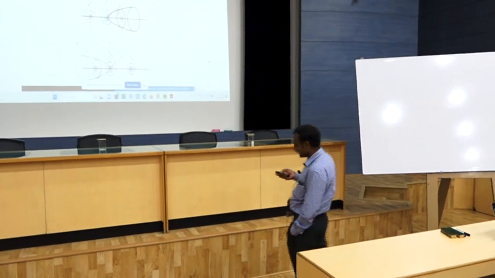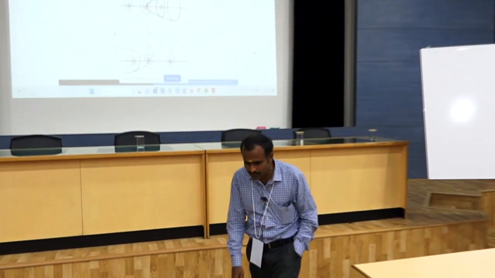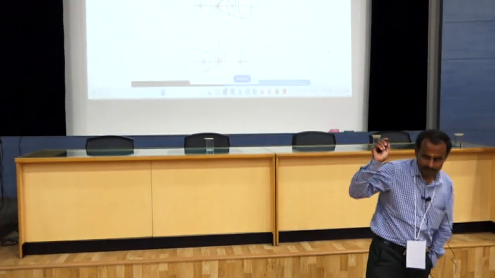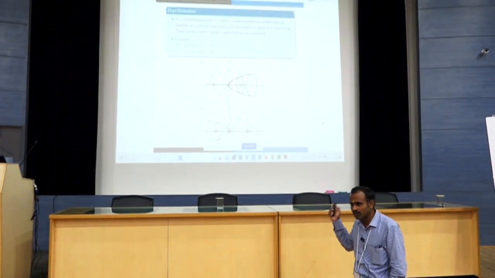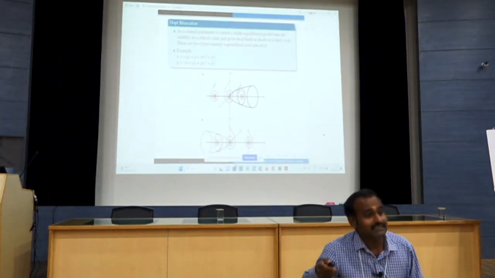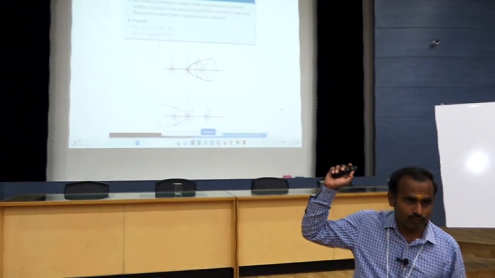Next, Hopf bifurcation. Here we consider a system of equations. The system of equations is non-linear, so we linearize it, then form a Jacobian matrix and find the eigenvalues. If the eigenvalues are complex, then we move on to the Hopf bifurcation.